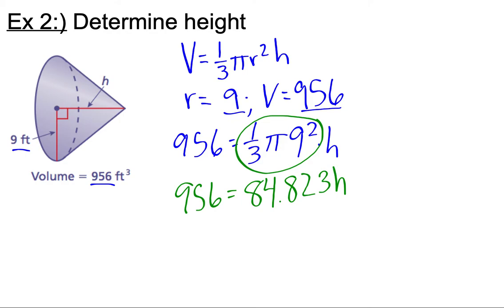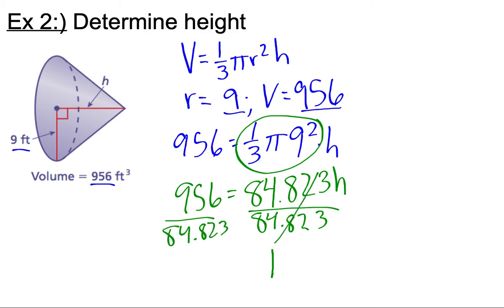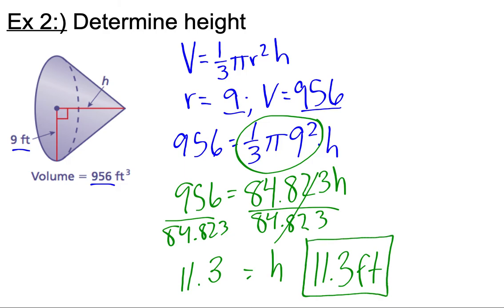I'm going to go ahead and divide both sides by 84.823. And this gives us H by itself. Then 956 divided by 84.823, and that's 11.27. I'm going to round that to 11.3. So the answer here, 11.3. Looks like the units are feet, so 11.3 feet.